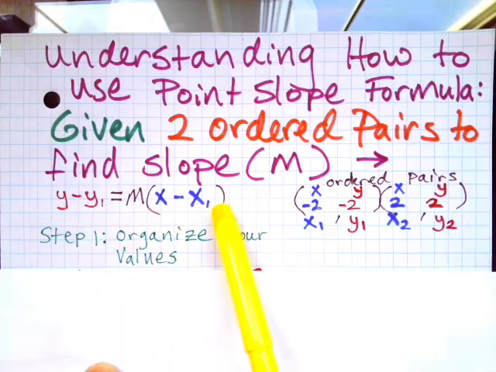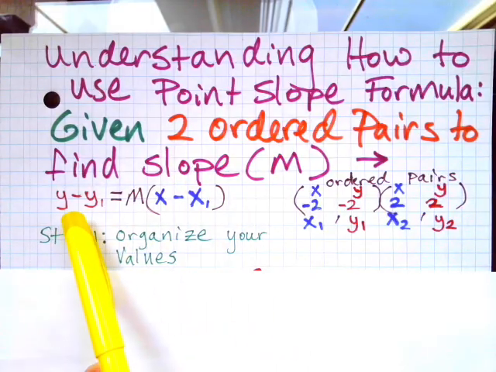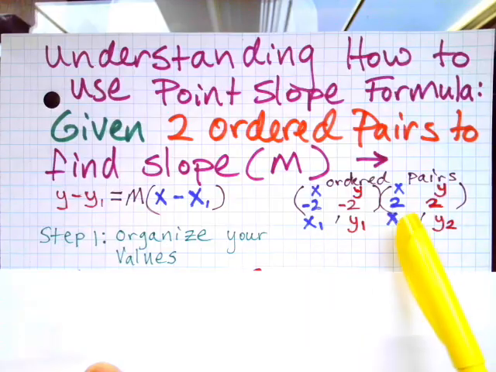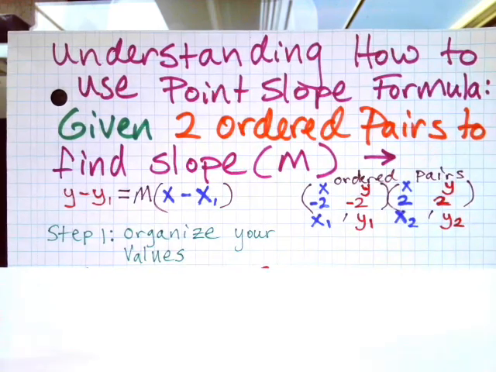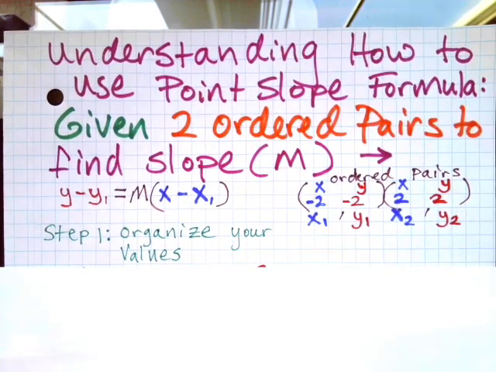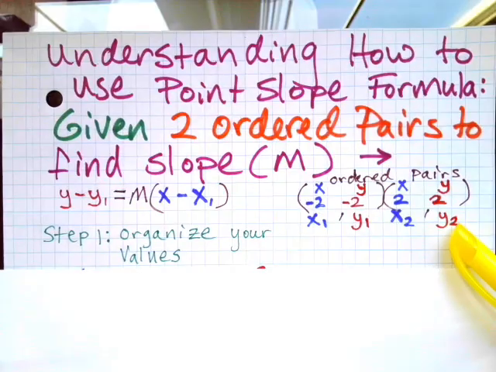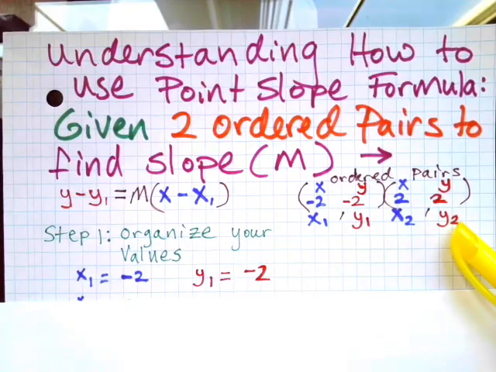Then I would simplify and solve for y in order to find that missing y value. Hint, hint, this is what you're going to need to do in order to answer one of those two questions I introduced to you in video number 1.